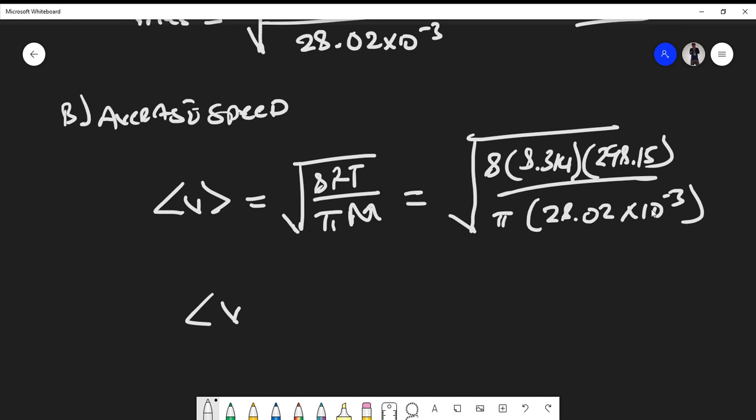And so we get the average speed about 475 meters per second.